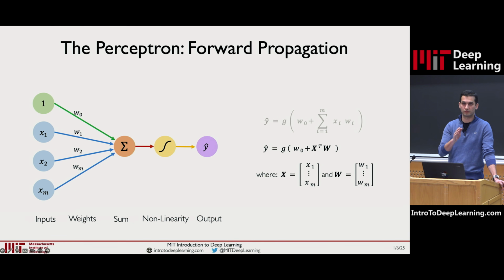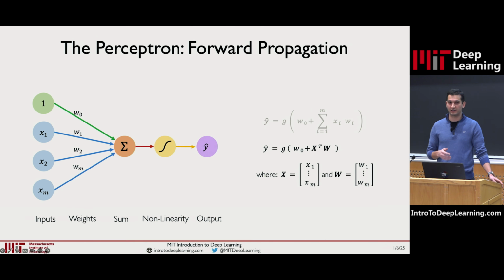Instead of x1 through xm, I'm going to write just a vector, capital X. Capital X is going to be a collection of all of my inputs, and capital W will be a vector of all of my weights. The output y is then simply obtained by taking a dot product between X and W, adding our bias, and passing through g, passing through a nonlinearity.